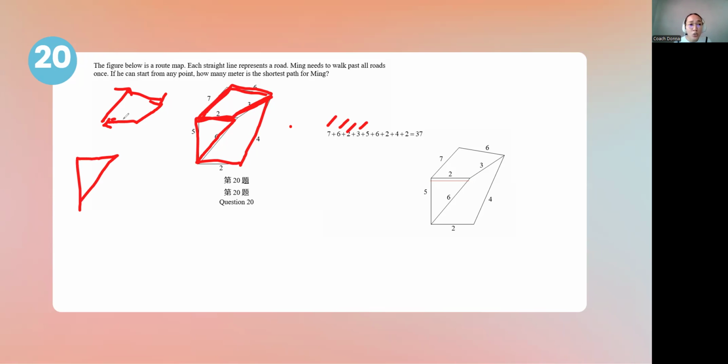All right? So 7, the 6, the 3, 3, 2. If you have the 3, the 2, the 6.